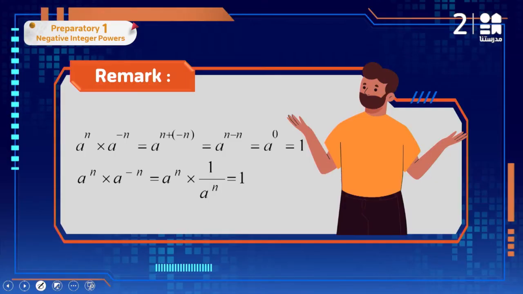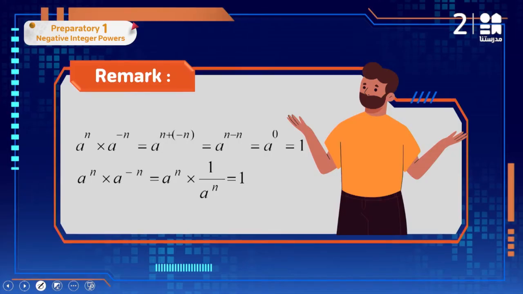Any number to the power of 0 is 1, except 0 to the power of 0. Or we can write it as a to the power of n times 1 over a to the power of n, and then a to the power of n over itself equals 1. So you can write it by adding the exponents or by flipping the negative power, and you will get the same answer in both.